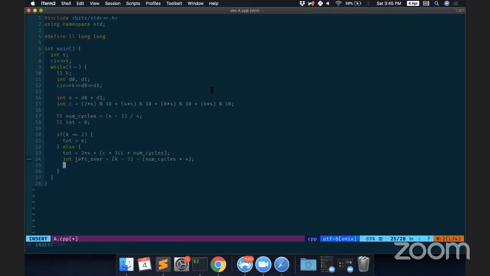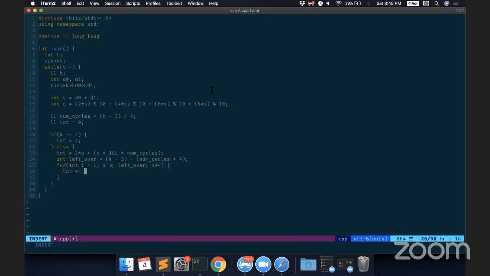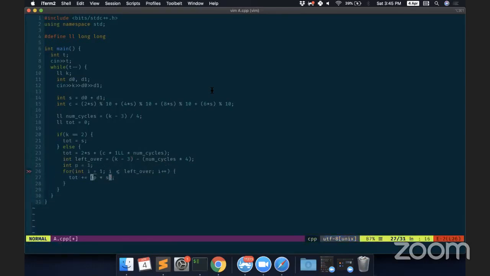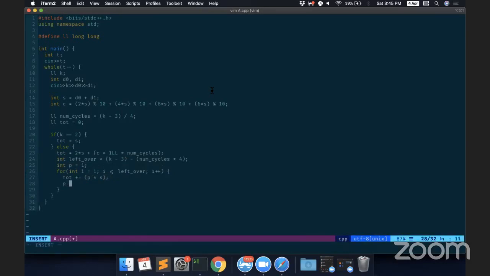So this is the leftover. Now I think we can do something like this. And we can keep on doing. Yep. So here the idea is, let's put a value of k just to get a feel of how the algorithm works.